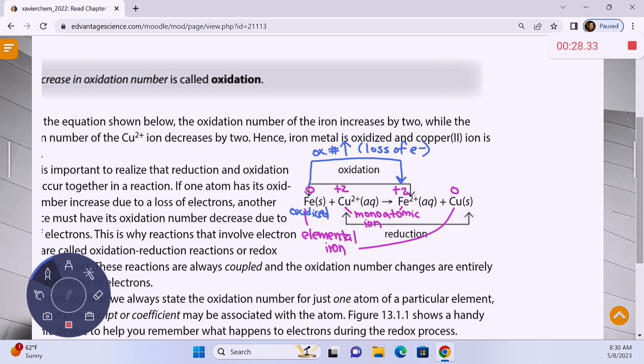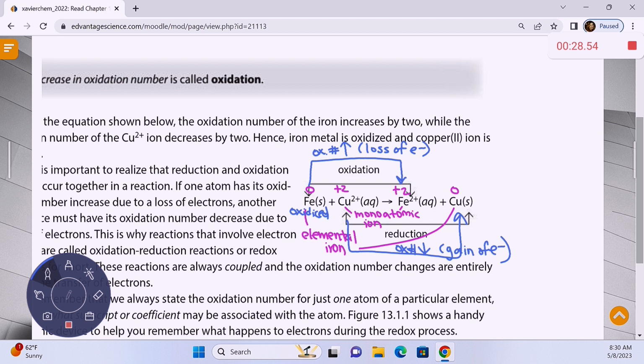Okay? And then I'm going to partner up Cu plus 2 with Cu on the right-hand side. I read it from left to right. Since I'm going from a plus 2 to a 0 oxidation number, my oxidation number is decreasing, and here there is a gain of electrons.